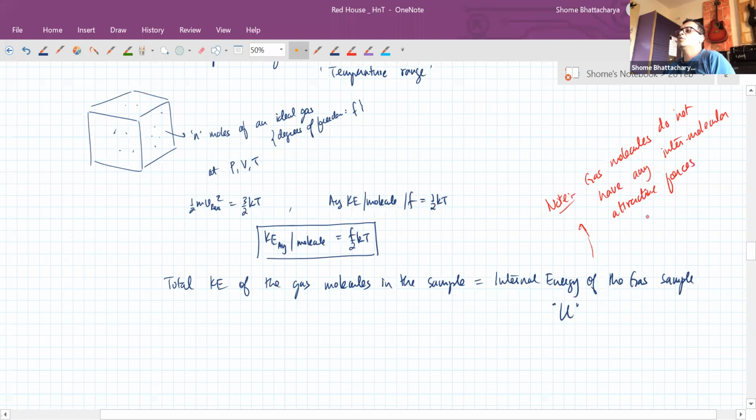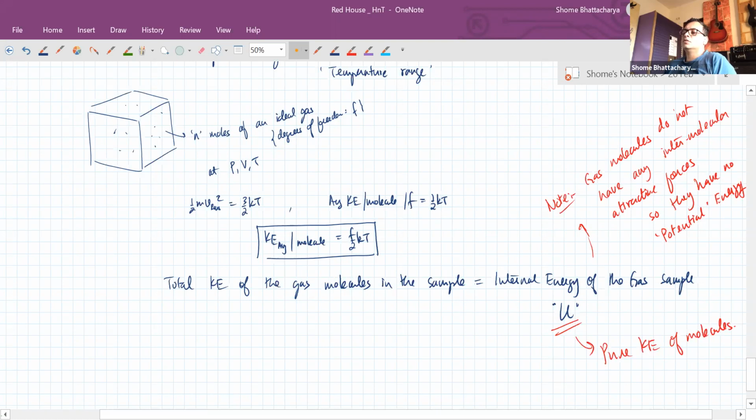Okay, so therefore, no potential energy. So the only type of energy that is stored is kinetic energy. So that is why the internal energy of an ideal gas is pure kinetic energy of molecules. There's no other form of energy that a gas internally stores.